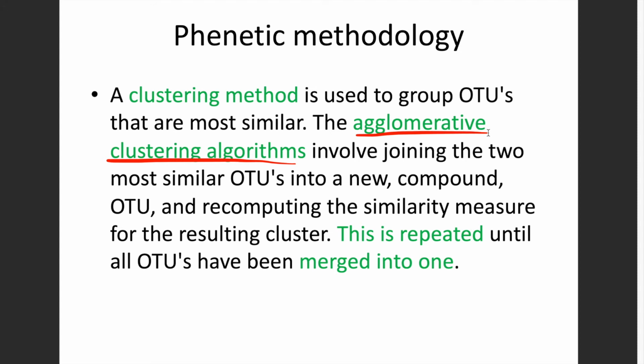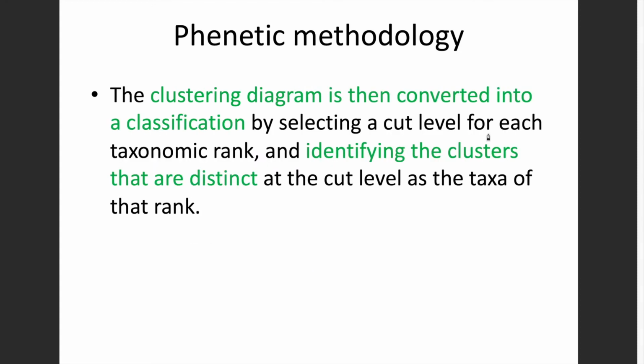So essentially, this part is just a clustering procedure. It's algorithm based. And your clustering diagram will be converted into a more digestible taxonomic classification scheme, by which the researcher will figure out the level for each taxonomic rank, identifying the clusters that are distinct and which are similar, and so on and so forth. And here, you need to assign those ranks and classifications.